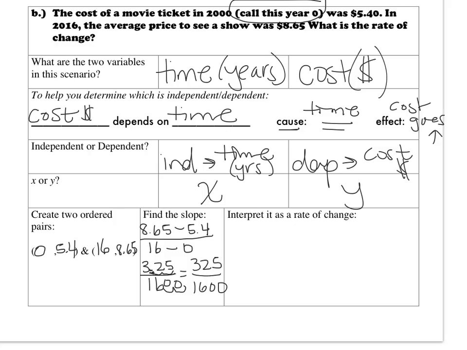One thing I like to notice is that 325 ends in 25, and 1600 ends in 2 zeros, so 25 probably goes into this. Divide 325 by 25 and you get 13. Divide 1600 by 25 and you get 64. Now we have a nice slope.